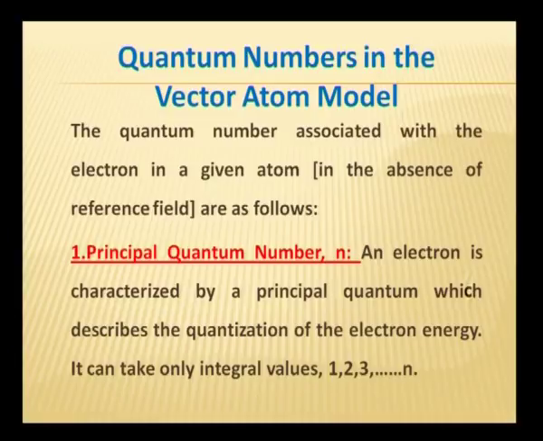Now we will pass on to the quantum numbers associated with the vector atom model. This part is very, very important for the simple reason we are to find how many electrons you can have in the K shell. You take the whole of the periodic table, as made by Mendeleev, the Russian chemist, one of the top 10 discoveries of the world.